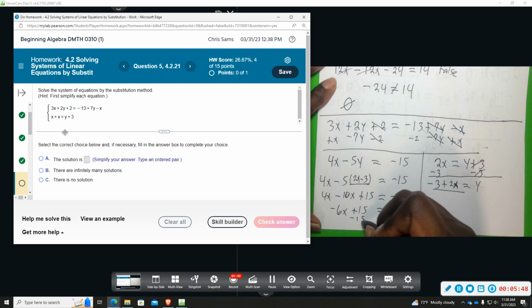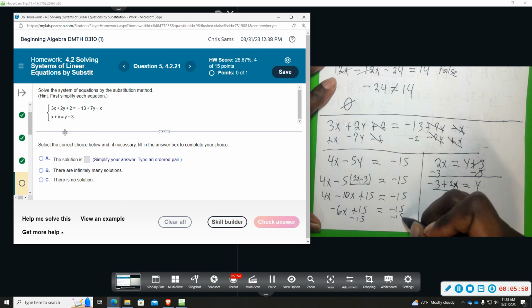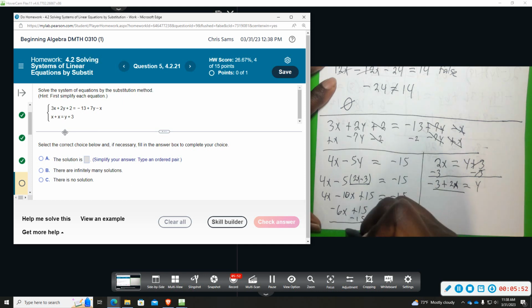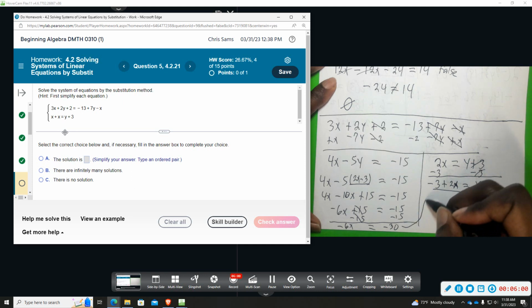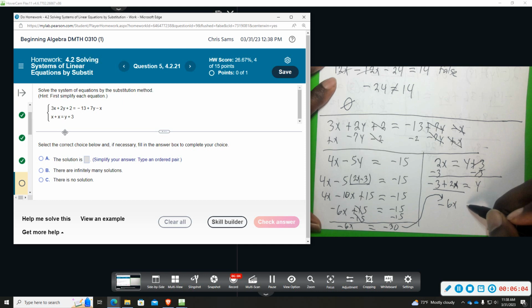Subtract 15 from both sides to get x by itself. Bring down negative 6x, that cancels, equals negative 30. So negative 6x equals negative 30. We're going to divide by negative 6, and we get x equals positive 5.